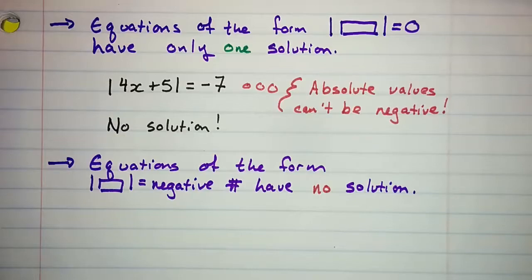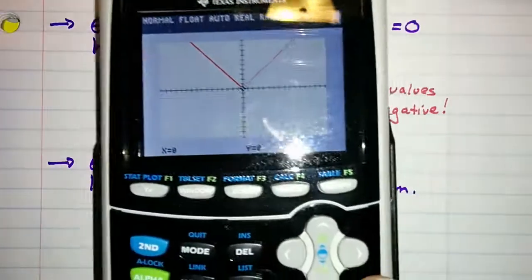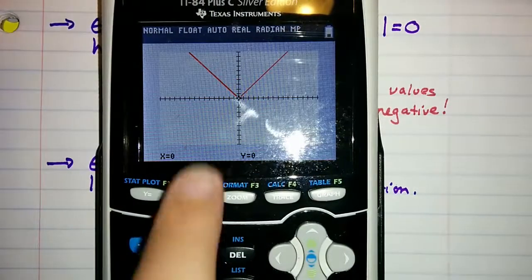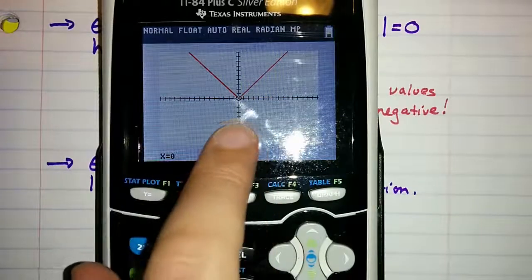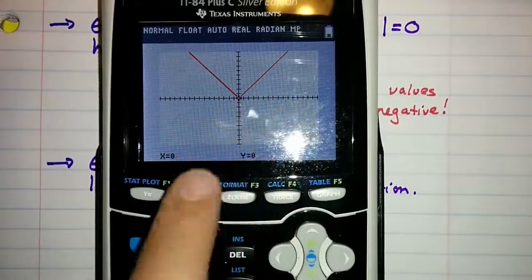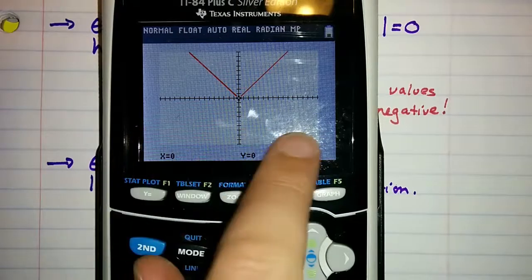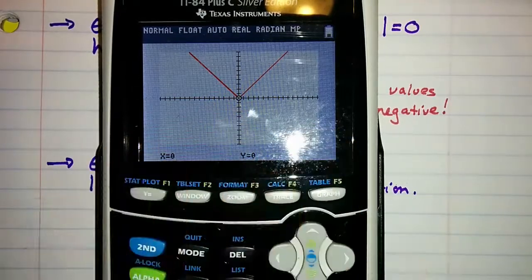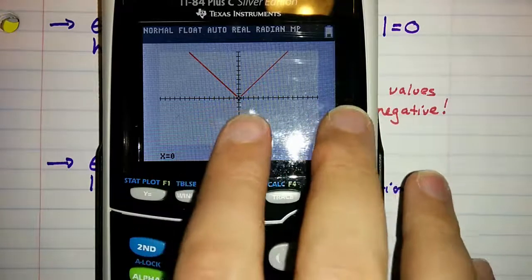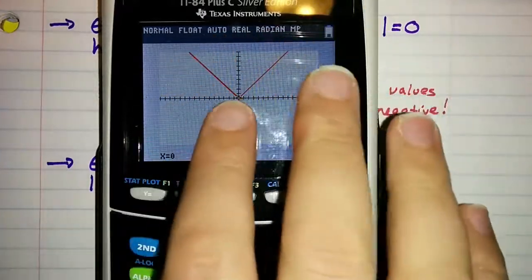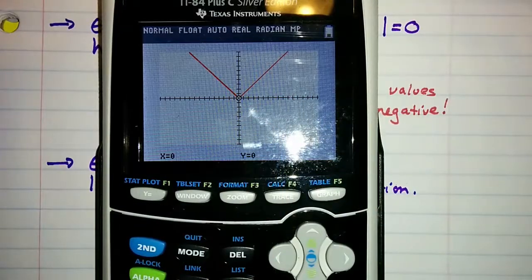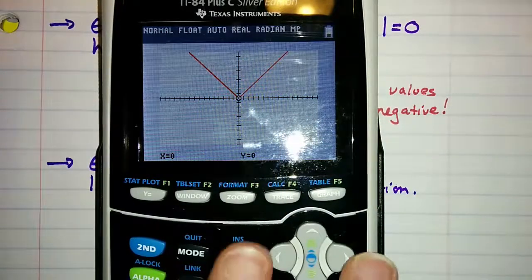Looking one more time at our graph of the absolute value function, we see that its range consists only of positive numbers and 0. Negative numbers are not in this function's range. Therefore, if we have an equation that says an absolute value equals a negative number, it has no solution.